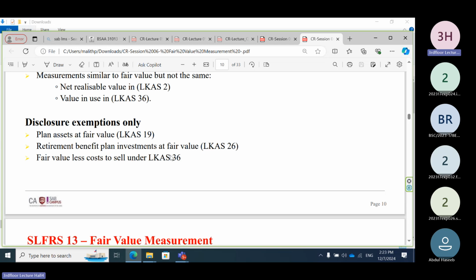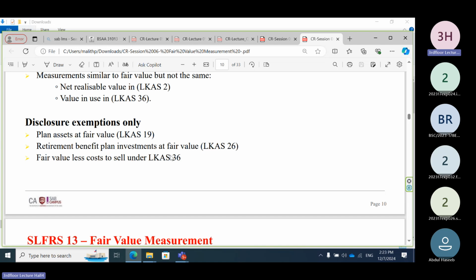Then, a critical point there. In LKAS 36 we have two elements: value in use and fair value less cost to sell. For value in use, for measurement and disclosure both, we don't need to use 13, right?